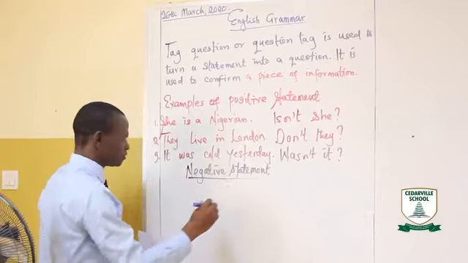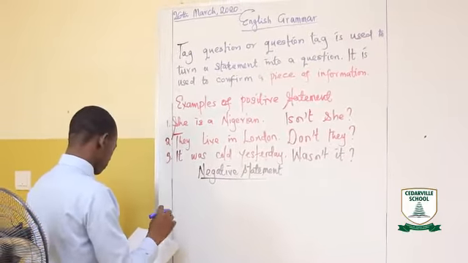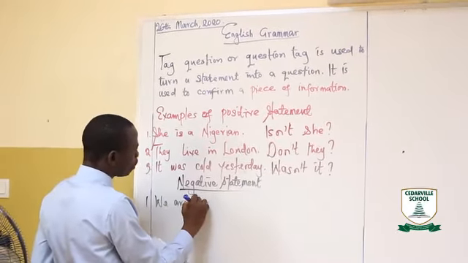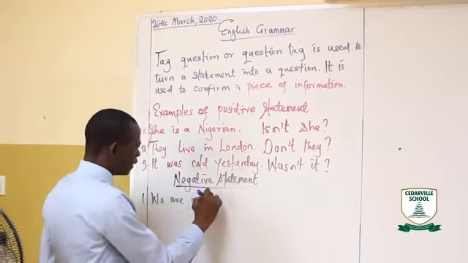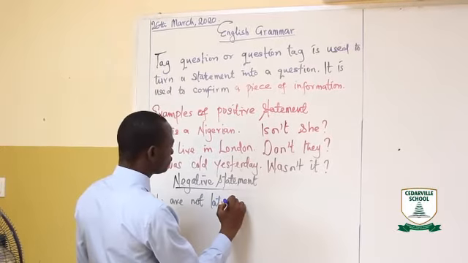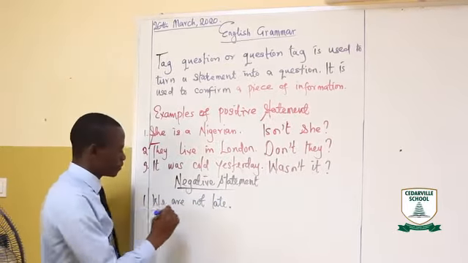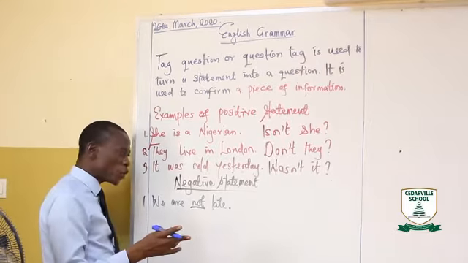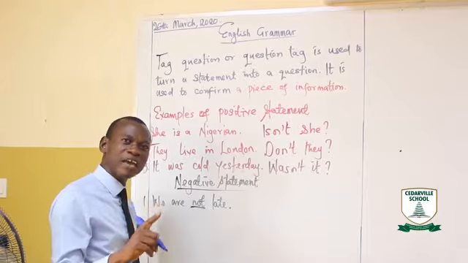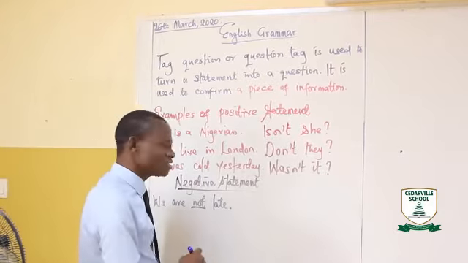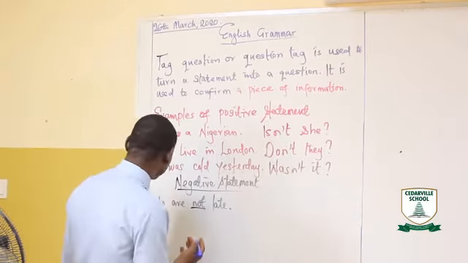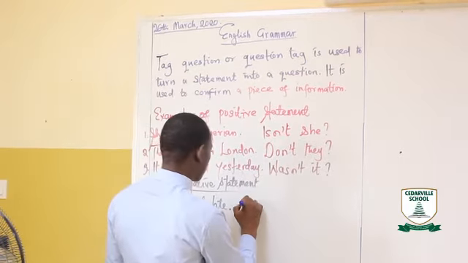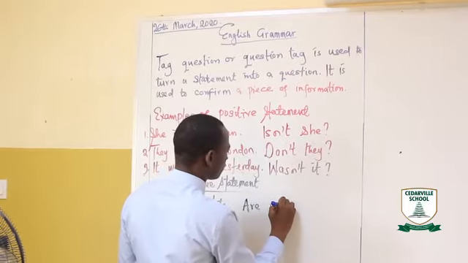Now you have: we are not late. We are not late. Look at it. What makes it negative is not. And so a negative statement attracts a positive tag question. And so our tag question is going to be, we are not late, are we?